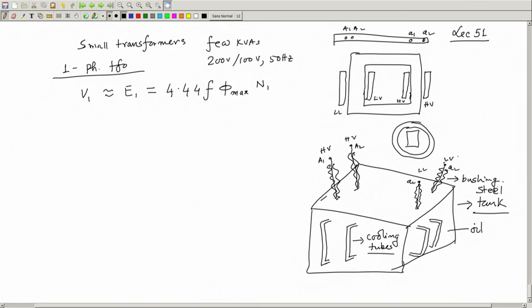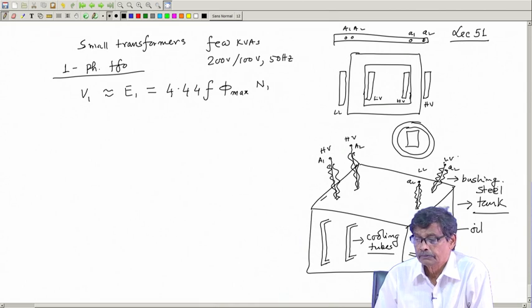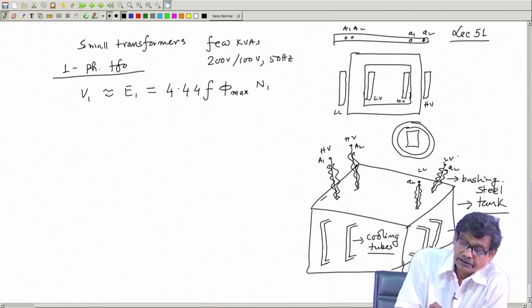And also I will tell you from this equation how you can relate it to the size of the transformer and to other things.